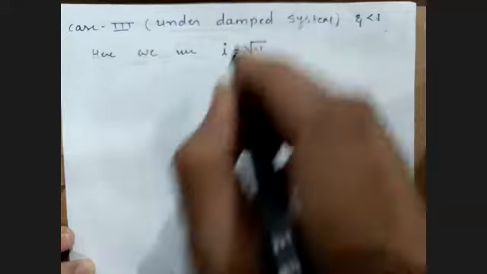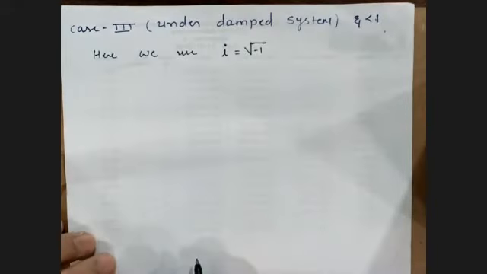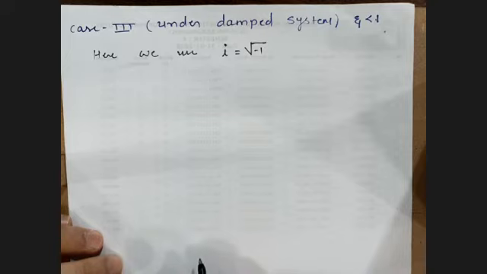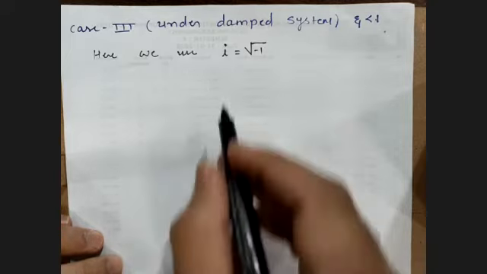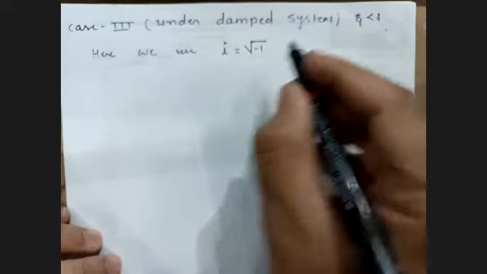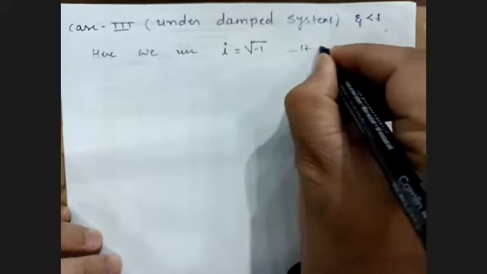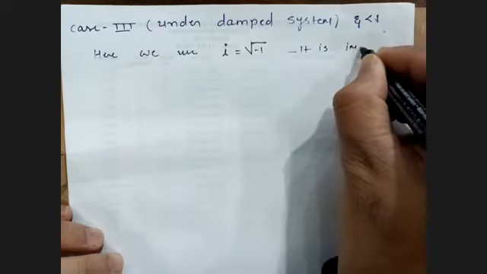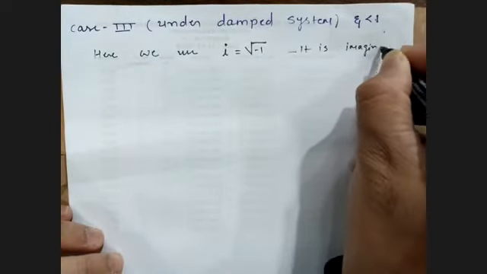I hope you understand this kind of mathematical term that we can use if you have a system with an imaginary parameter, right? So this is the imaginary value i. It's an imaginary unit.